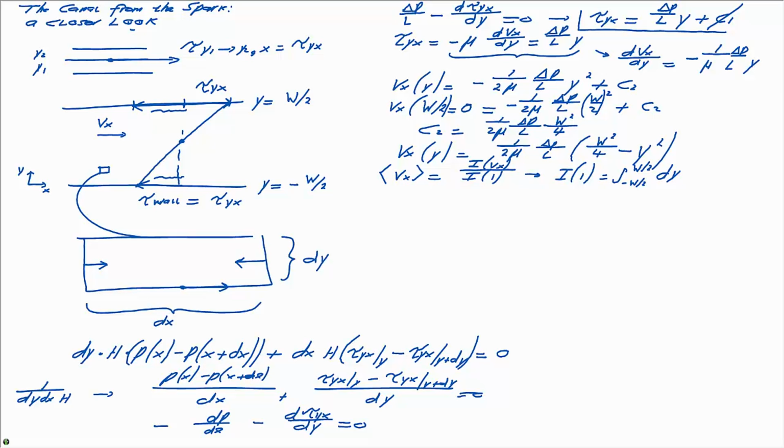And then this is an easy integral. The limits: w over 2 minus minus w over 2 is 2 times w over 2, which is w. It's exactly the width of the canal.